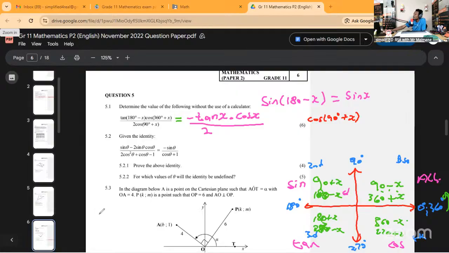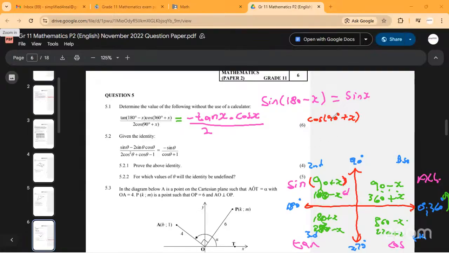Sine becomes cos if it's 90 degrees plus. But within those changes, you still consider the quadrant where it is. Like for instance, look at this one. Cos of 90 degrees plus x is on the second quadrant according to our knowledge. And at the second quadrant, we know cos is negative because only sine is positive there.